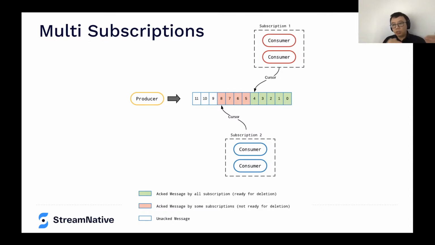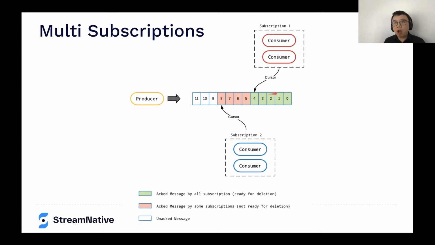And this introduces an interesting idea. In this example, I have two subscriptions, and one subscription already processed until 4. The other subscription already processed up to 8.